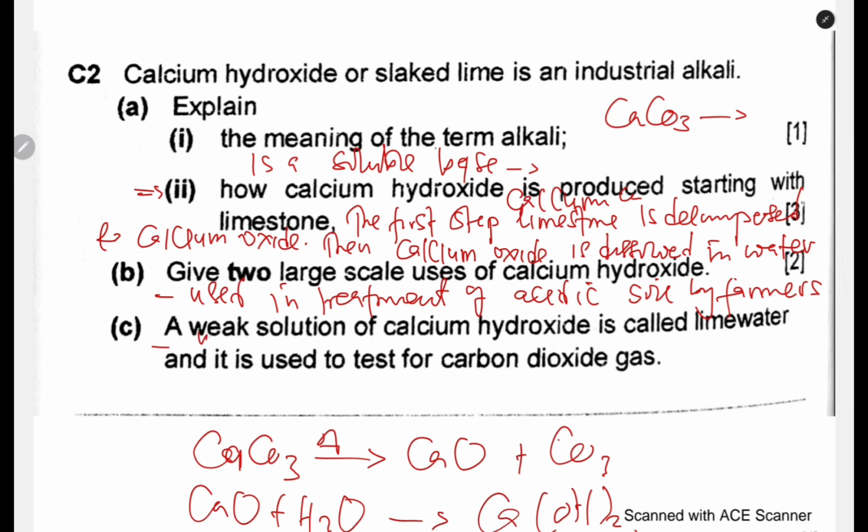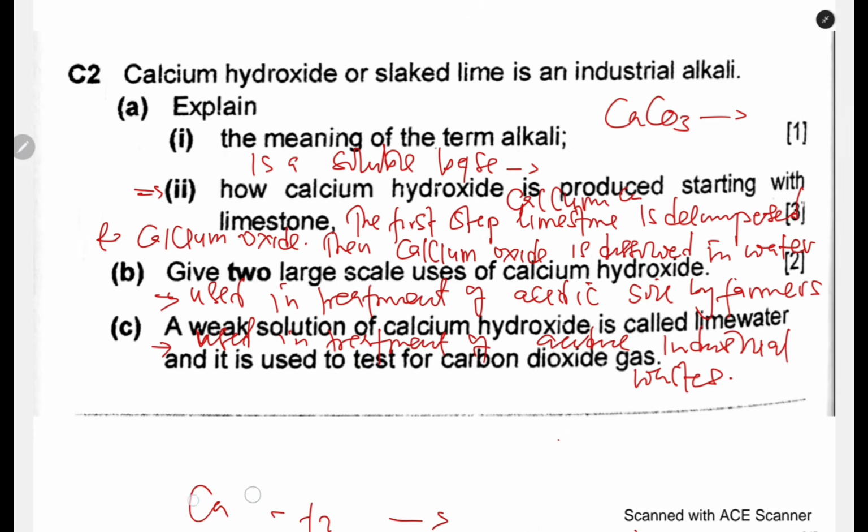Then also used in treatment of acidic industrial wastes. There are quite a number of uses of calcium hydroxide that we can look at. So as you watch this video, make sure that you also contribute some of the answers.